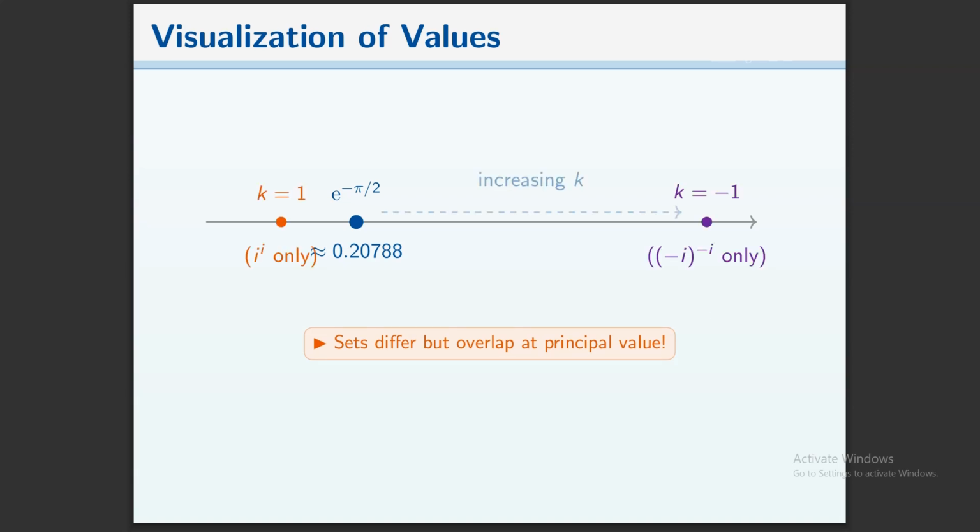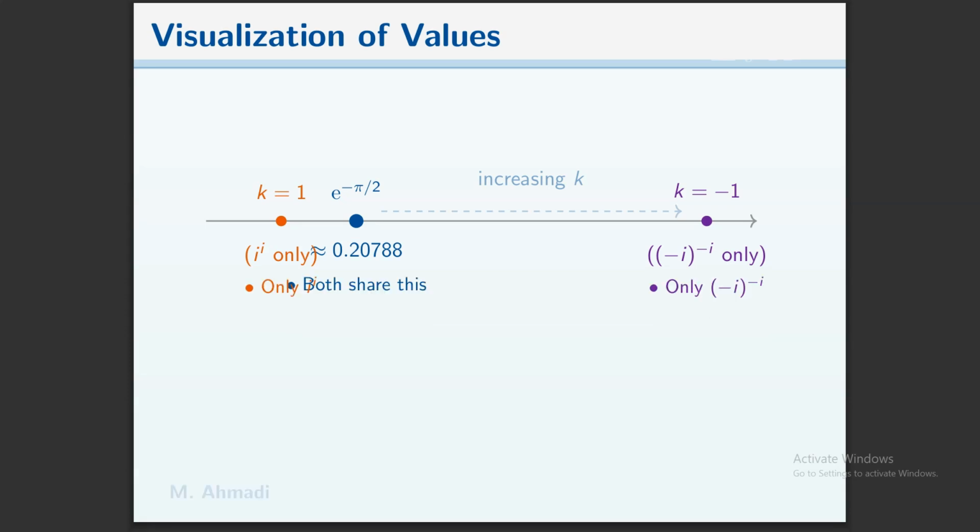But for k equals 1, we can see they are different. For i to the i, we can see it on the left side, and for k equals minus 1, minus i to the minus i, we can see it overlaps with i to the i.